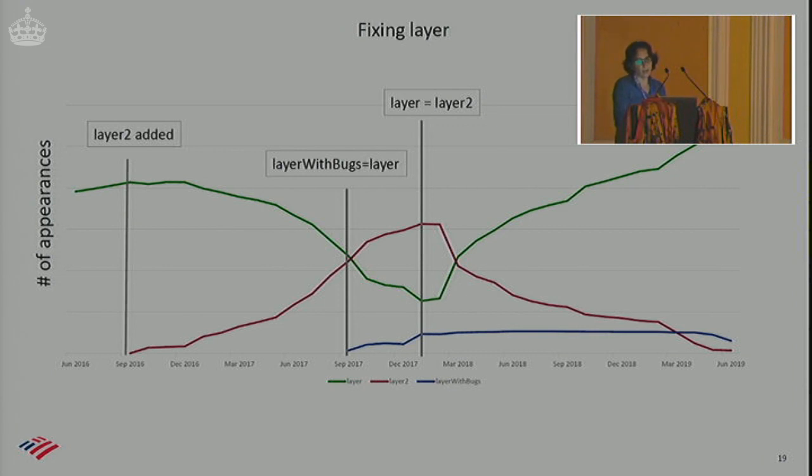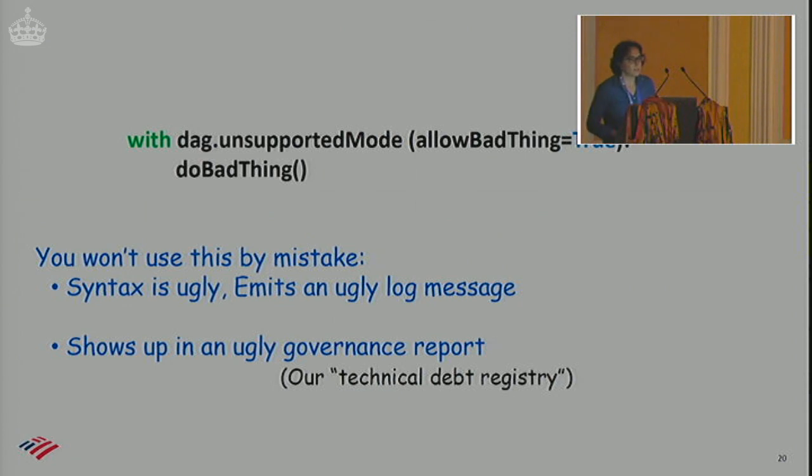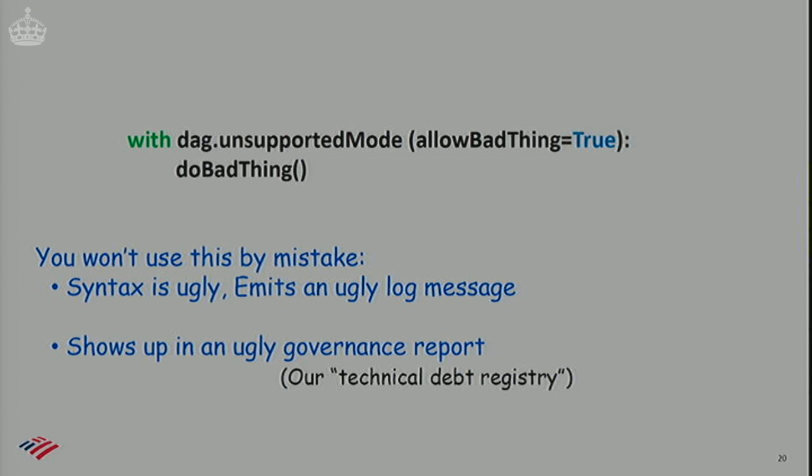And now when we add things that we want to block, when we want to raise an exception when you use something that is unsafe, we added something called an unsupported mode. And what unsupported mode does is it has all kinds of options, and you can say, let me do this bad thing. And then you do that bad thing, and then instead of an exception, you get a warning in the log.